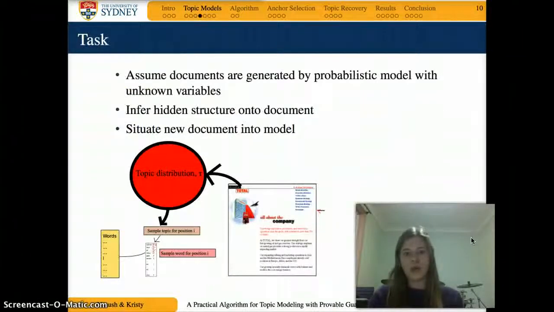And what we want to do is get a document and infer a hidden structure onto that document, or situate the document into the model somewhere. We can grab a document and say, this was made by these topics, for example, even if it's a completely different topic from when it was generated to start with.